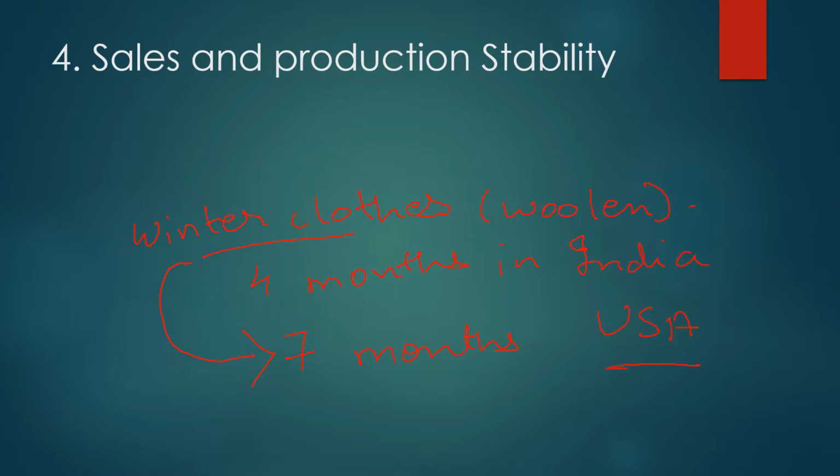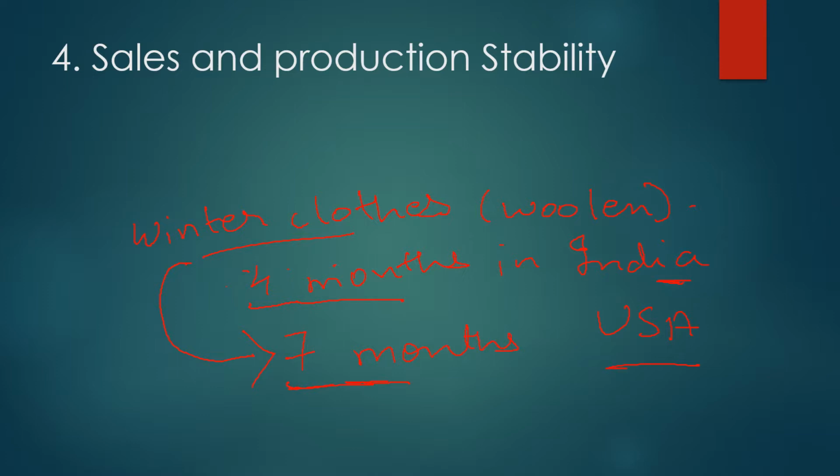So what a firm can do is that before the starting of the 4 months or after the end of the 4 months, there are still places where winter is going on. So if they just stop at domestic marketing, their sales will go to zero after 4 months if they are just going to sell in India.